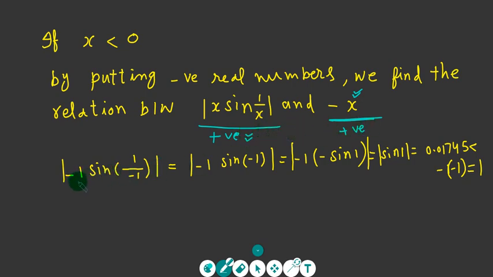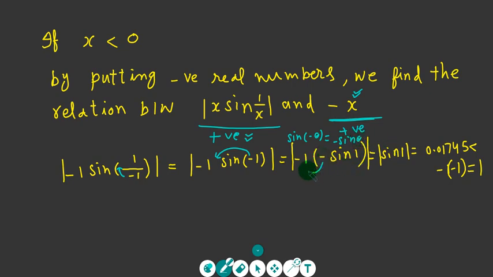We put x equal to minus 1. After solving, this minus can be written here, and this minus can move here, as we know the formula sine of minus theta is equal to minus sine theta.